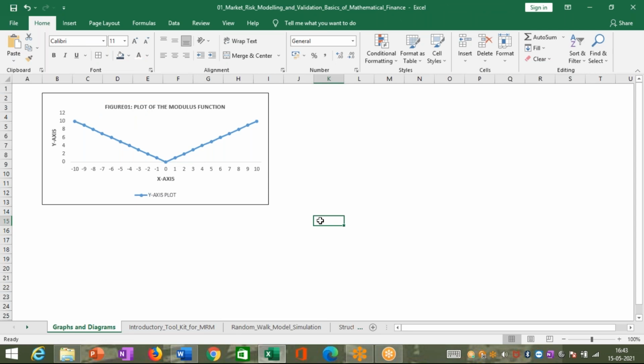Right. So this is how a modulus function looks like.